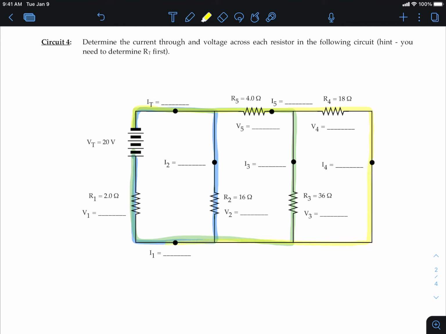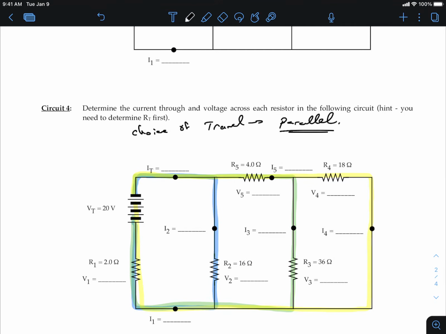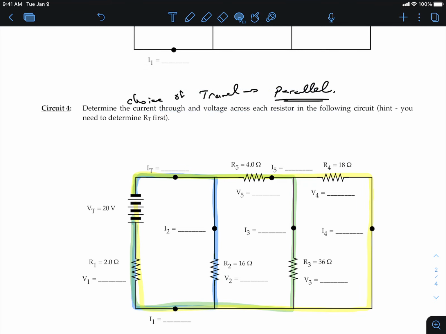And because the electrons have a choice of travel, that means it's in parallel. Those are the laws that you're going to apply across the circuit, from Kirchhoff's laws. Does anybody have any questions so far? I see three possible routes there.